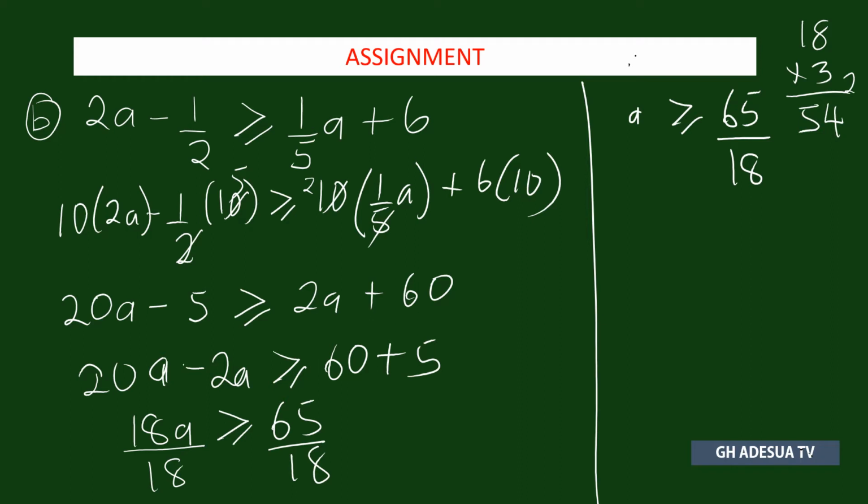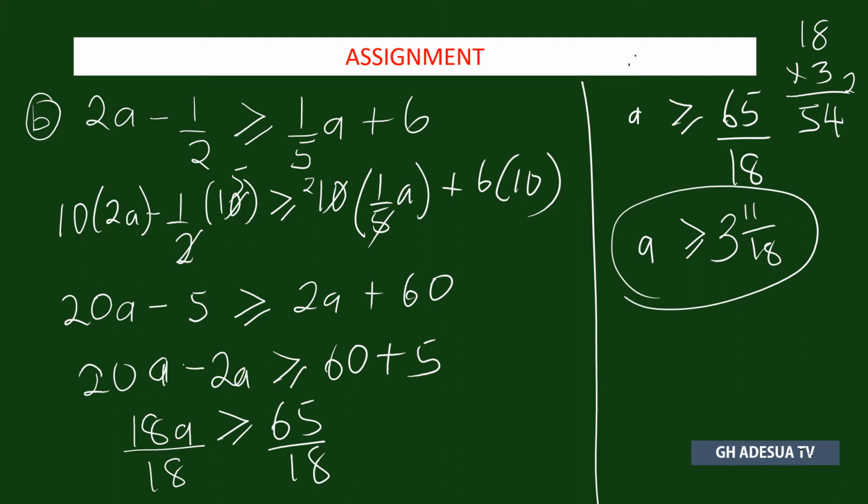Now, can 18 times 4 go? 72 is more than 65, so it's not possible. So the farthest is 3 whole number, that is 54, remainder 11. 54 from 65 is 11, so 11 over 18 is our outcome.